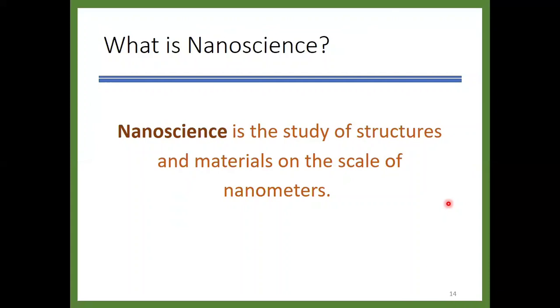So nanoscience here is to understand the properties of a material when its dimensions are made into nanoscale. For example, to study the Young's modulus of graphene, or the chemical properties of copper nanoparticles, right? So you make a material into the nanoscale and try to understand the unusual properties that it would exhibit, right? So this is nanoscience.